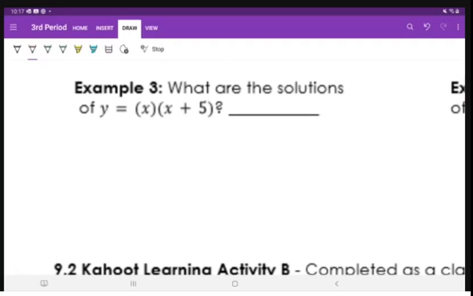Okay, so for example 3, same question. What are the solutions, or what are the roots of this factored quadratic? So we have to put 0 in for y, which means that one of these two things has to be 0. So I'm going to split these up into 2 separate equations. Maybe it's the first factor that's equal to 0, or maybe it's the second factor.